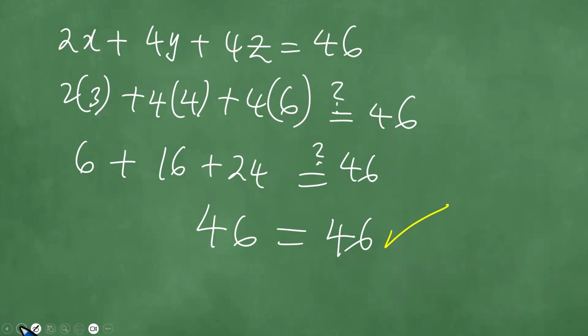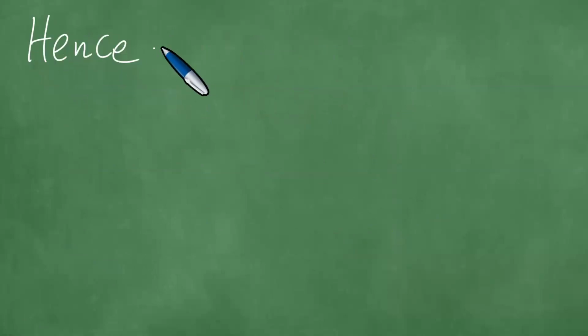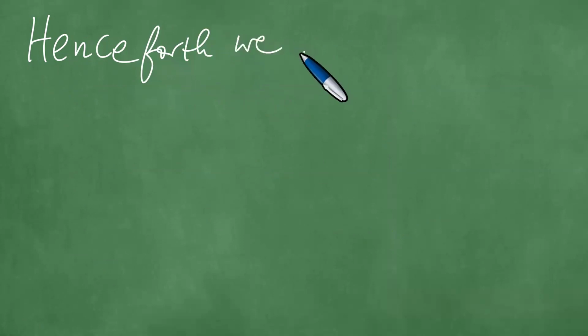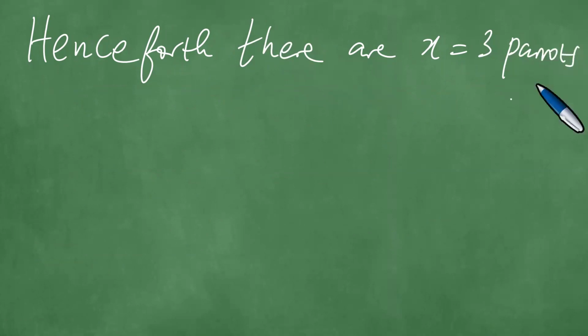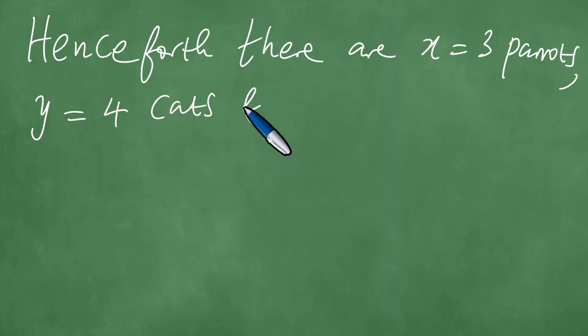And it is sufficient to then say, henceforth, x equals 3 parrots, simultaneously y equals 4 cats, and we write down our z, and our z equals 6 dogs.